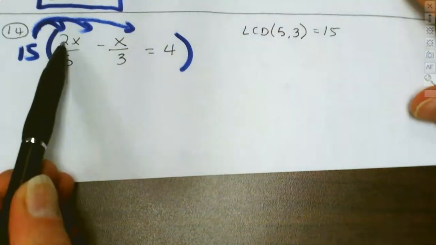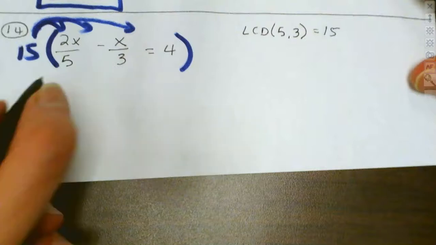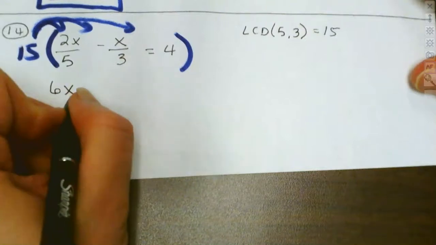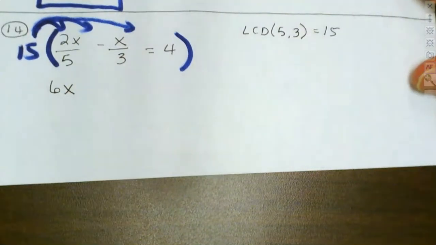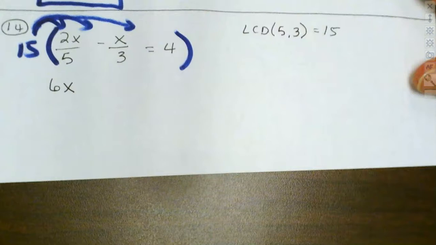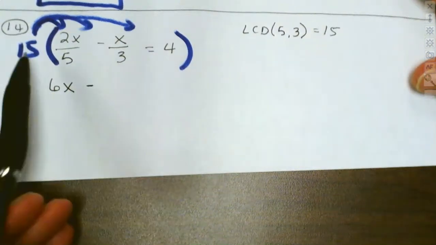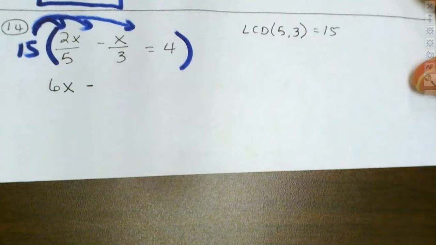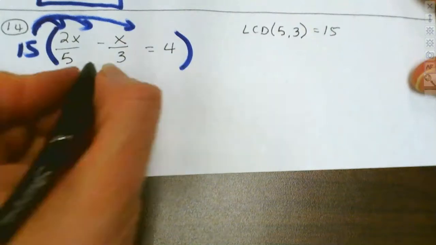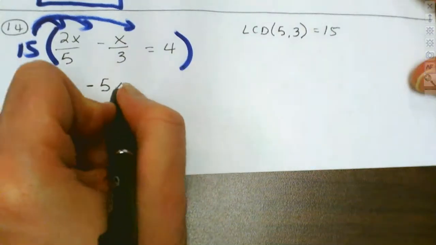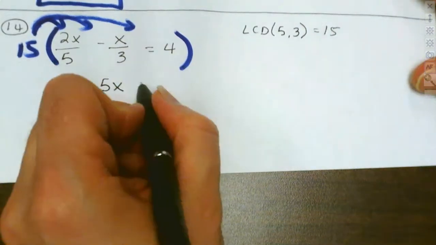And 3 times that 2 on the top makes it a 6. And we'll bring the x down as well. And we bring our negative down because that negative just comes down with it. 15 divided by 3 is 5. We have an x on the top, so that makes it a 5x then.